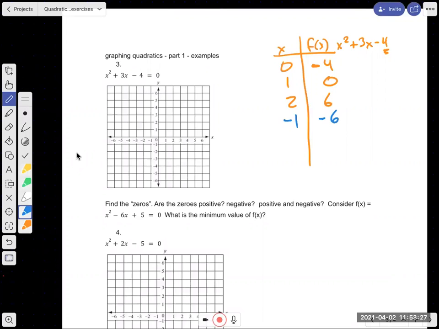Well, let's see what else we got here. Let's try minus 2. So put in a minus 2, and we're going to get 4 plus minus 6 minus 4, it's also going to be minus 6.